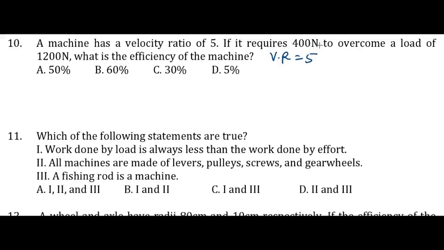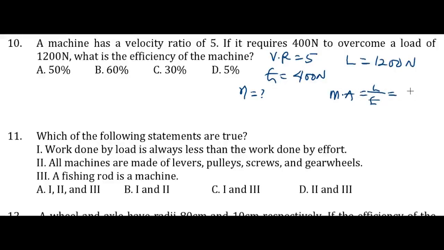If it requires 400 Newton to overcome, that is, effort is 400 Newton and load is 1200 Newton. Then we have to find the efficiency. So the first thing we need to find here is the mechanical advantage. Mechanical advantage is load over effort. That's 1200 over 400. And therefore, mechanical advantage is 3.